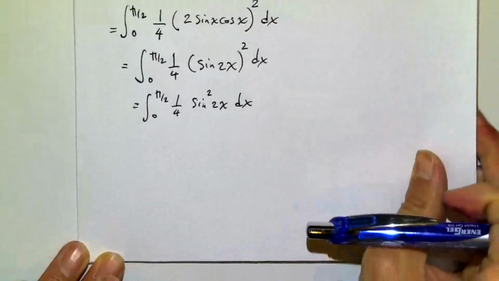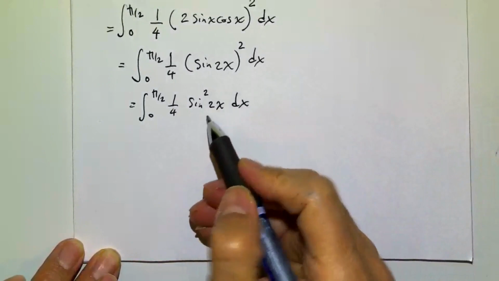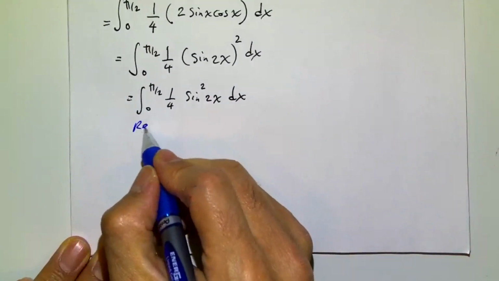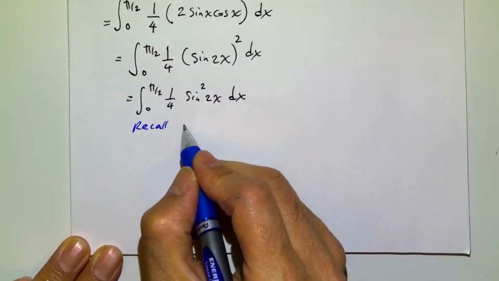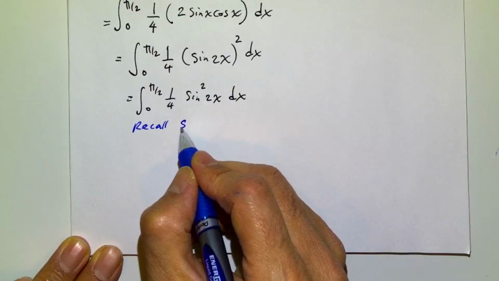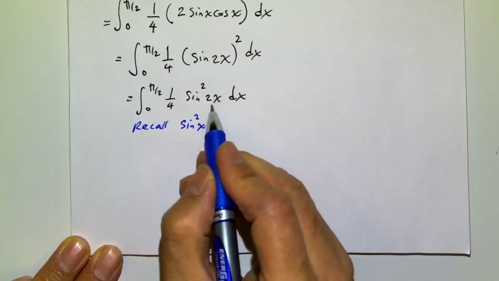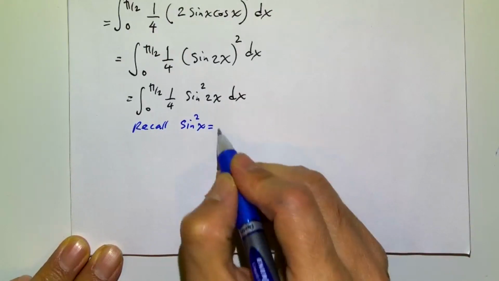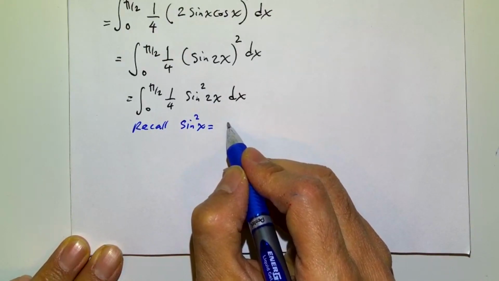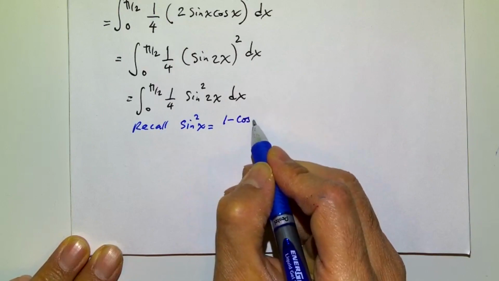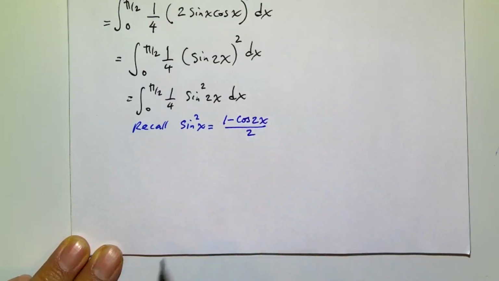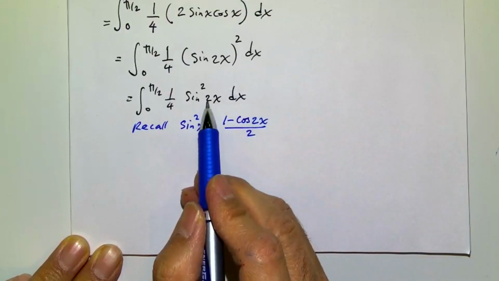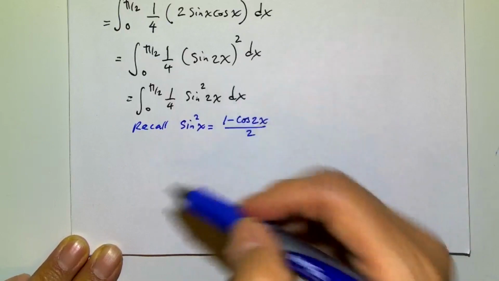Right? Now we can use the half angle formula, right? So recall that sine squared x, without the 2x that is, so just sine squared x is equal to 1 minus cosine 2x over 2. But of course, here we have a 2x, not x. So this 2 multiplies that 2, we get a 4x for our integral.